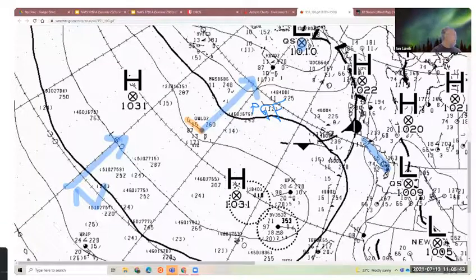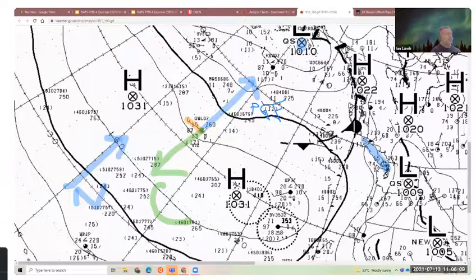There is of course the Coriolis force. And in the Northern Hemisphere, the Coriolis force always tends to be in an opposite sense to the pressure gradient force, and it's always to the right in the Northern Hemisphere.